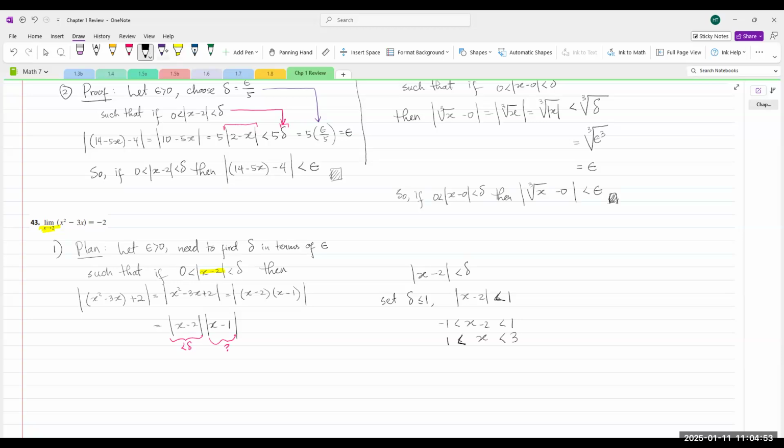But what we need is what to replace this by, right? So we use the absolute value of x minus 2 to find out what x minus 1 will be. We need to replace this by a number. We need to find an upper bound.